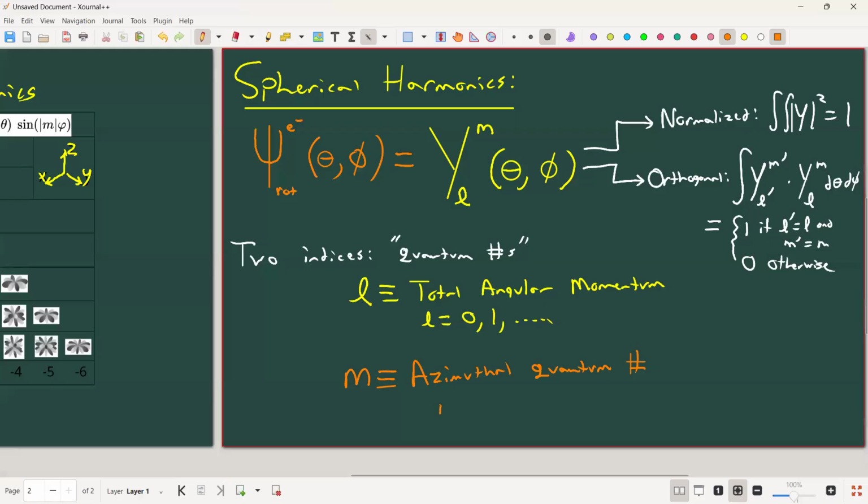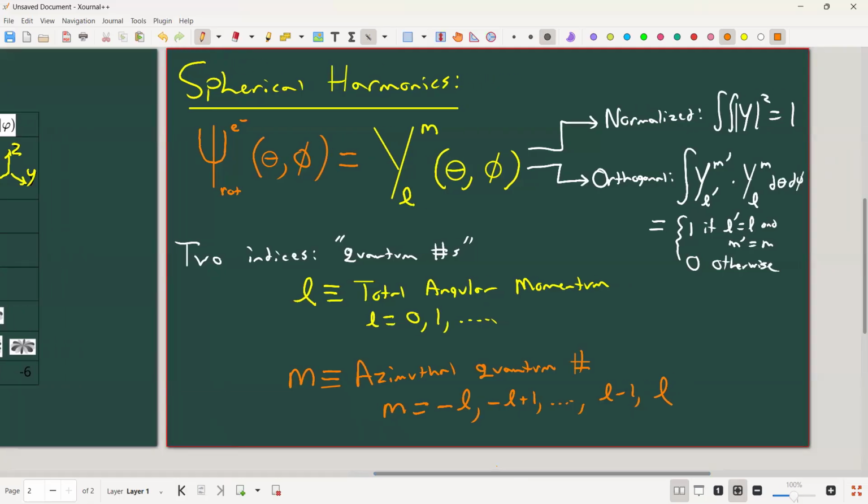And M, interestingly, can take any number between minus L and L. Remember, we saw that if L is 0, M can only be 0. There's one stable orbit for L equals 0. For L equals 1, there's minus 1, 0, and plus 1. There are 3 stable orbits. 5 stable orbits for L equals 2.